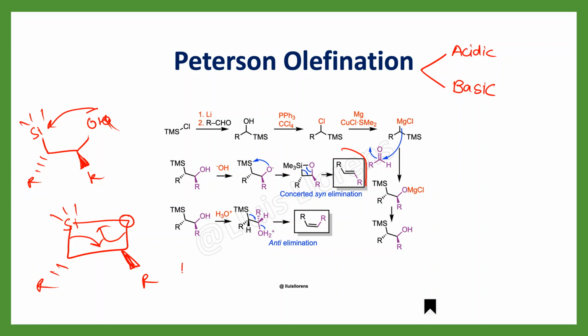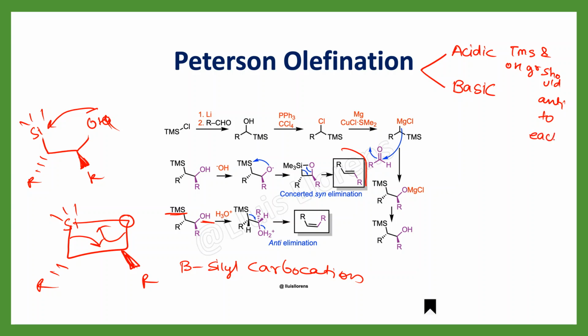And you all know that beta-silyl carbocations are stabilized. And in acidic medium, your TMS group and your OH group should be anti to each other.